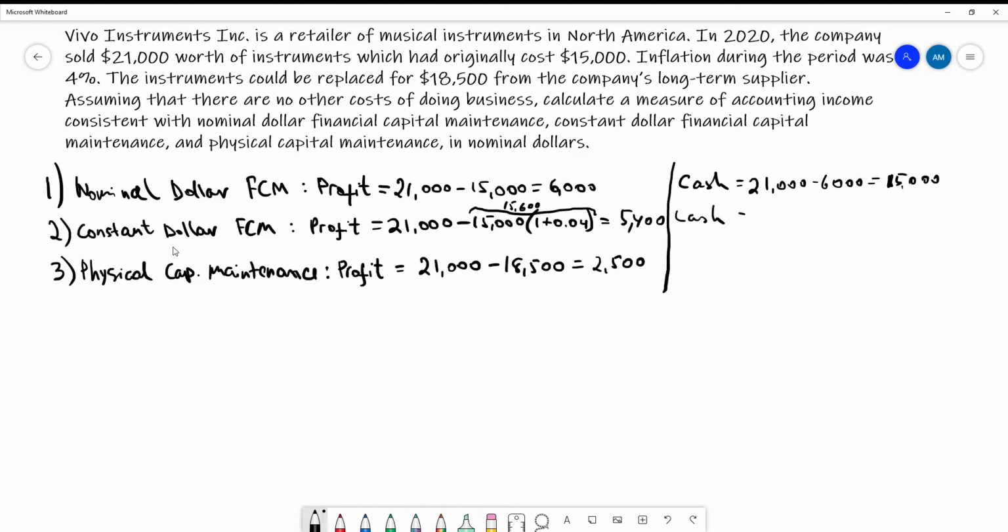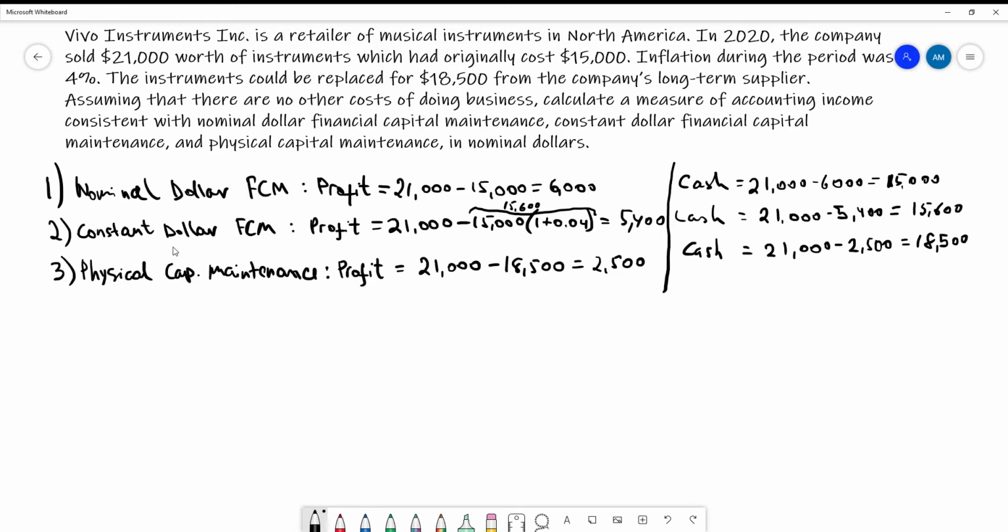The second one, cash here again, 21,000 minus $5,400, which is 15,600. Alright, and the third approach gives us 21,000 minus 2,500. It gives us $18,500 of cash that can be used to replace inventory.